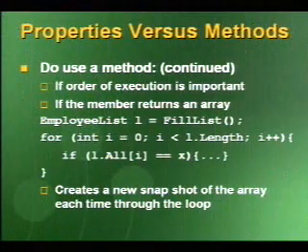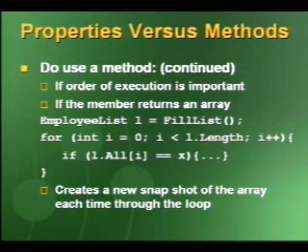So flipping back over to the slides, we learned this next bullet through trial and error. If a member returns an array, that shouldn't be a property. So for example, if we have an employee list and it has an all property on it, and this all property could return an array of employees, and that array of employees is a copy of the elements in that list.